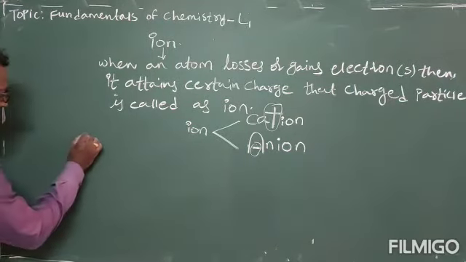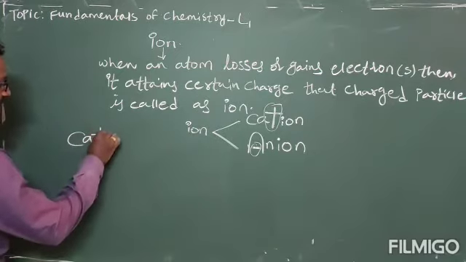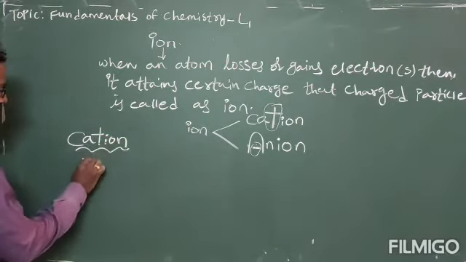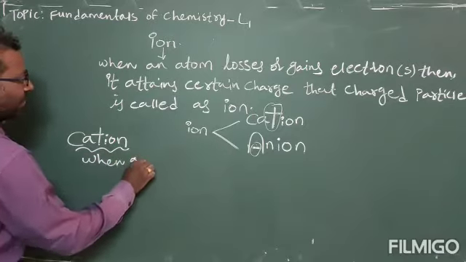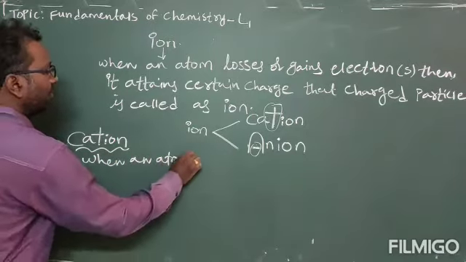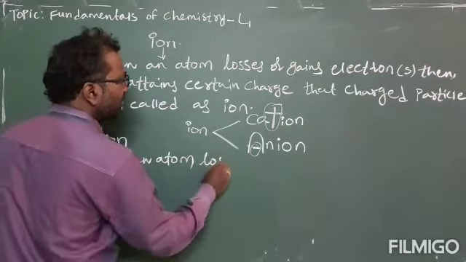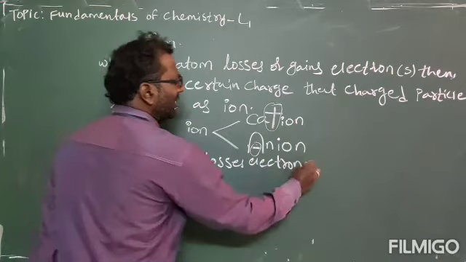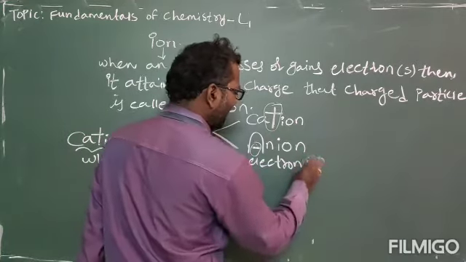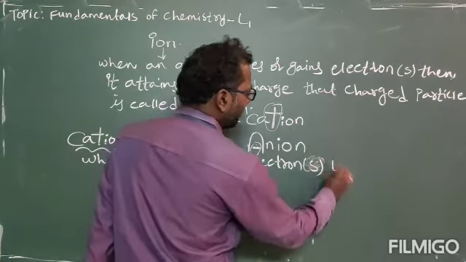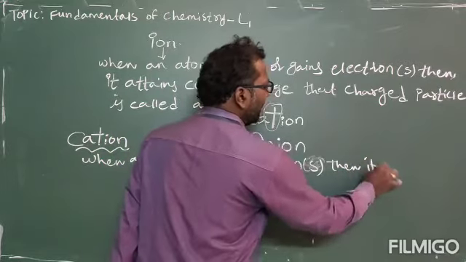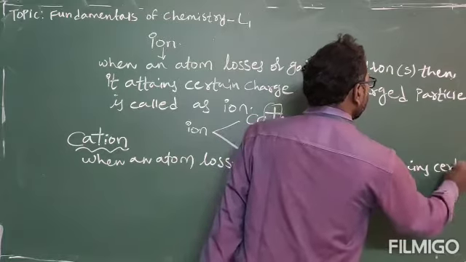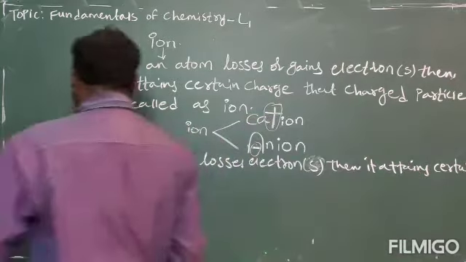So what is a cation? When an atom loses electron or electrons, then it attains a certain positive charge.